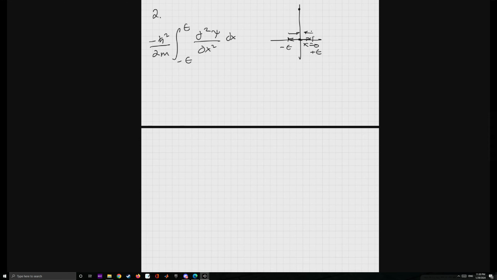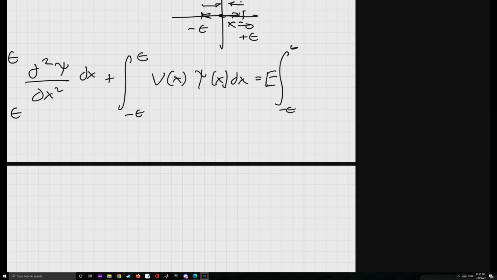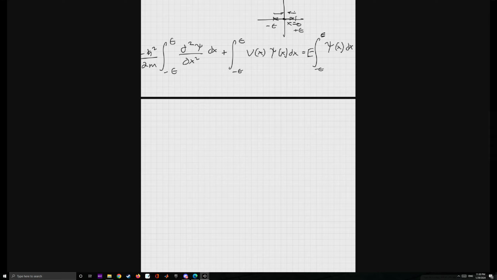Let me bring this down over here. Plus the integral from negative epsilon to positive epsilon of V of x psi of x dx equals E, which is a constant, times the integral from negative epsilon to positive epsilon of psi of x dx. So the first thing we must see is that this whole thing is 0.